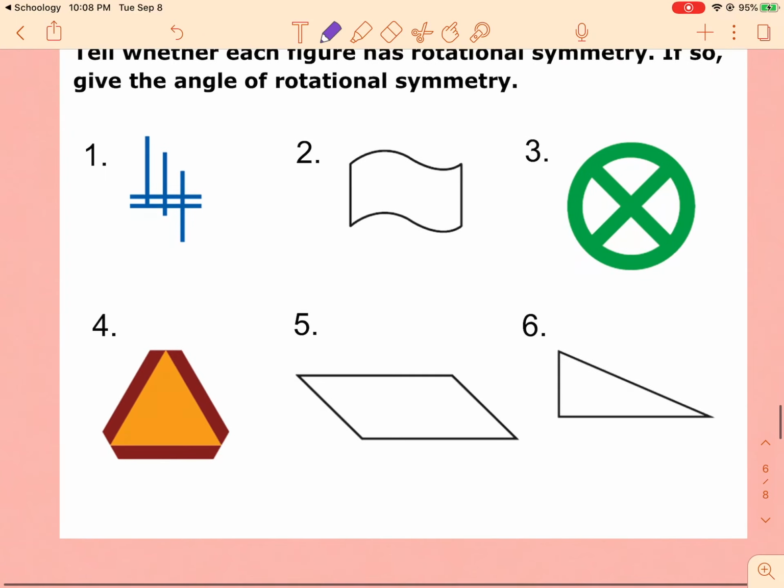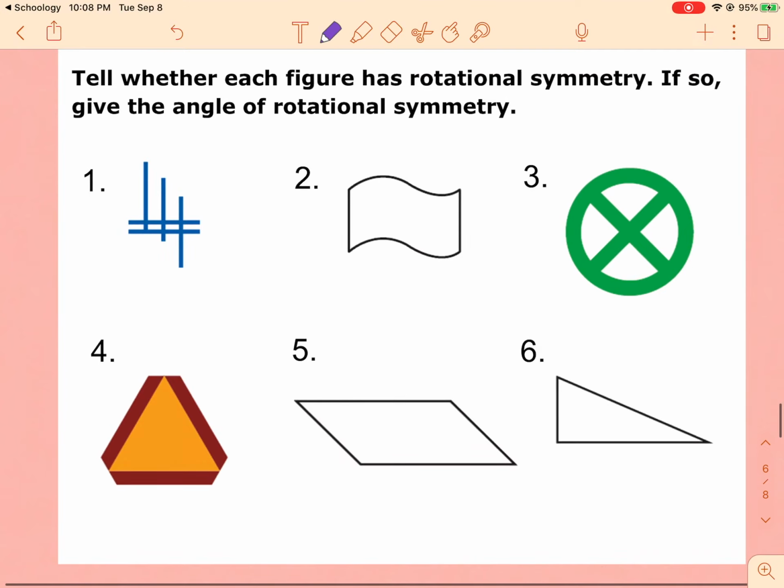If we take a look at the next set of examples, I think you would agree with number 1. There is no angle of rotational symmetry there.